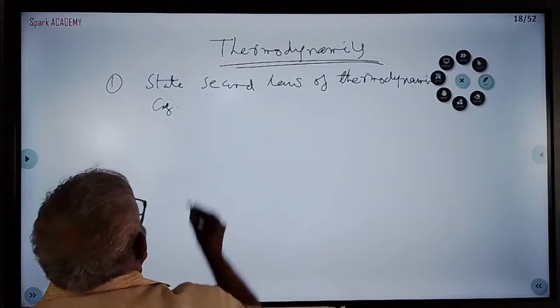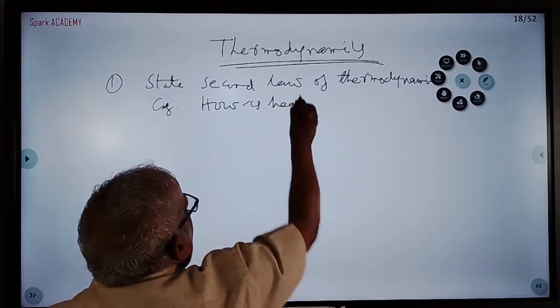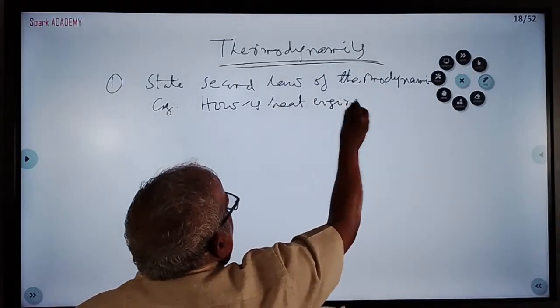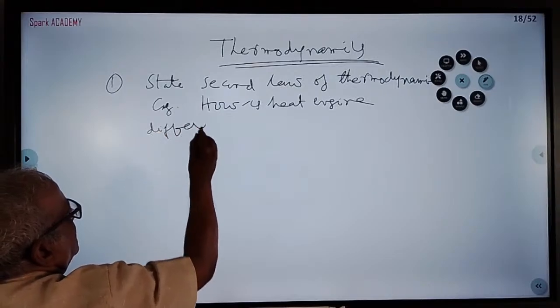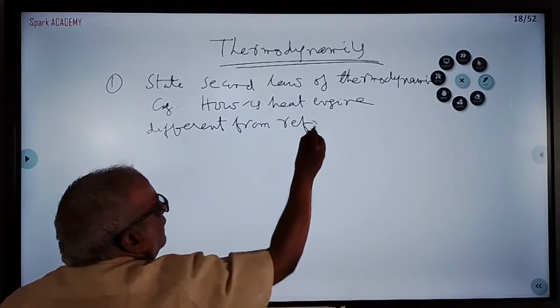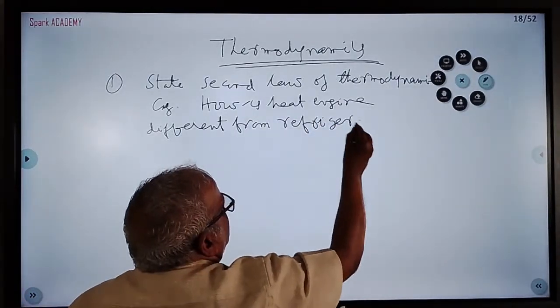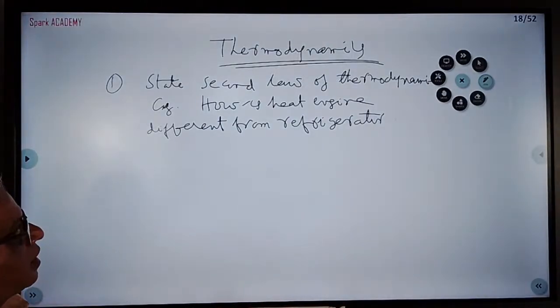How is a heat engine different from a refrigerator?